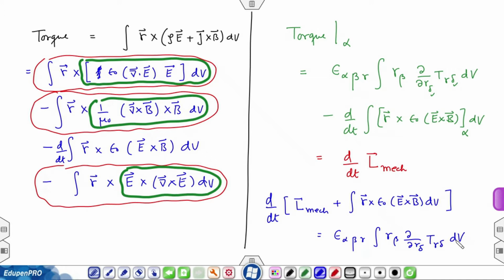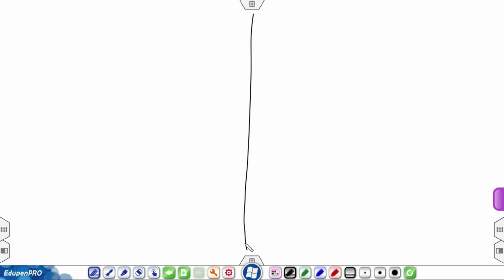Let us look at this equation in a little more detail in the next slide. So, I have d by dt of L mechanical plus integral r cross epsilon 0 E cross B dV.